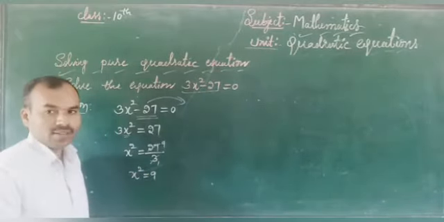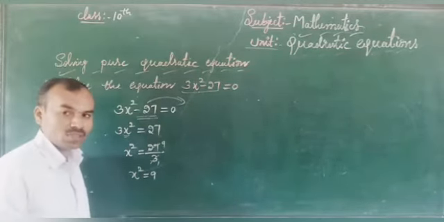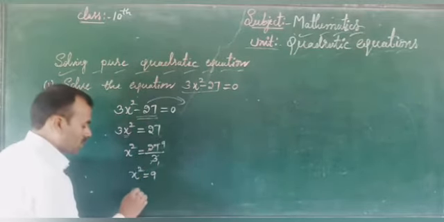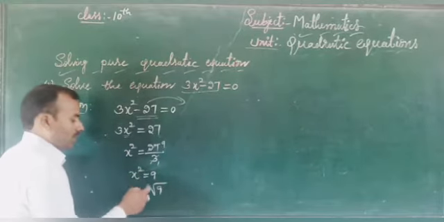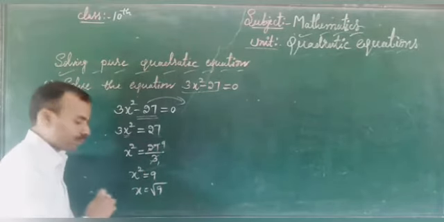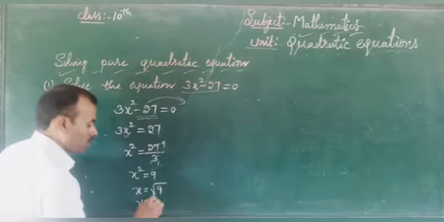If you take the square root on both sides, square and root are cancelled, so x is equal to square root of 9. You should write plus or minus.